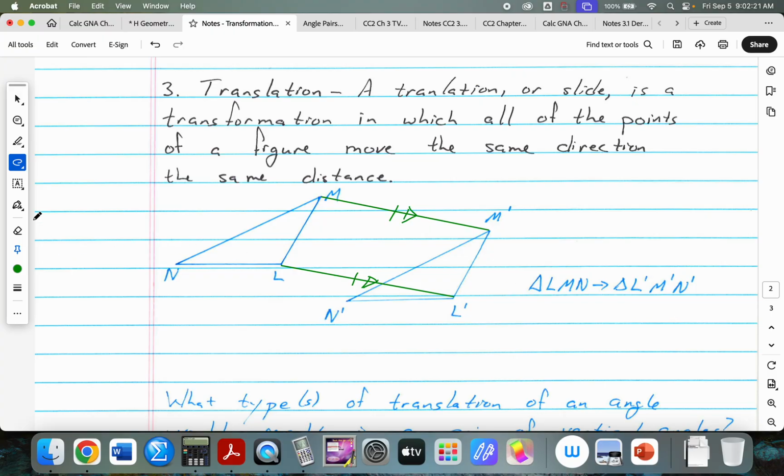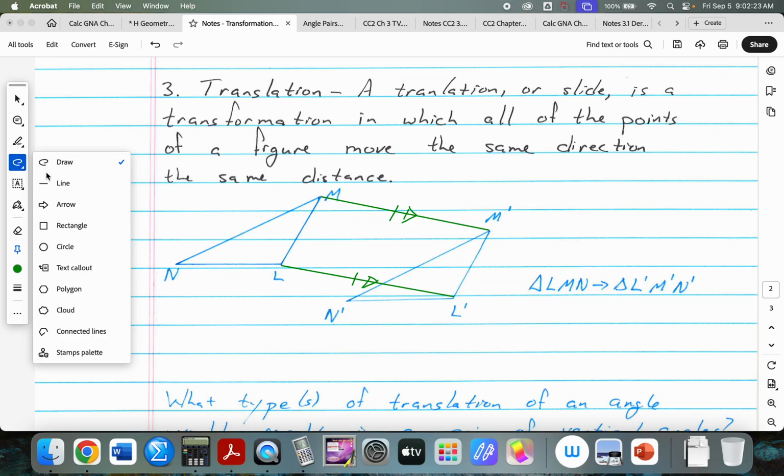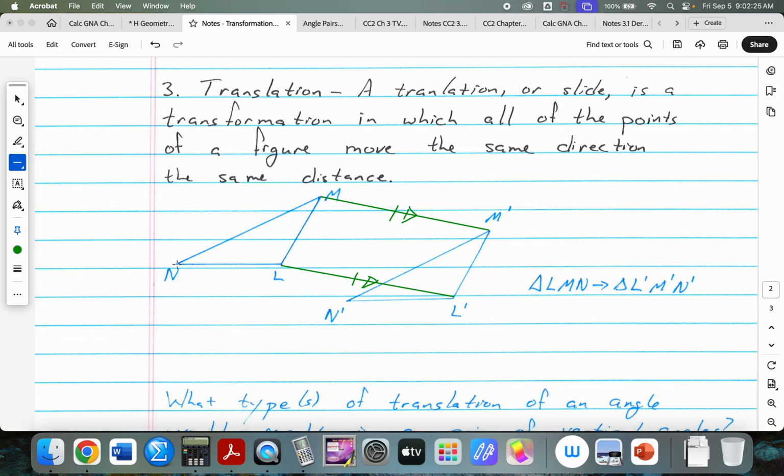And the same would be true for the distance from N to N prime. All three of those segments are going to be congruent and parallel to one another.